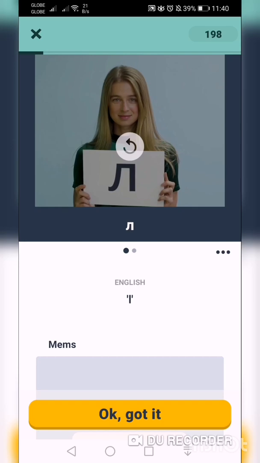So it looks like a triangle without a base, like a letter V upside down. That's a shorthand way of writing this letter, but for memorization, they will use the traditional way. Okay, so that's L.